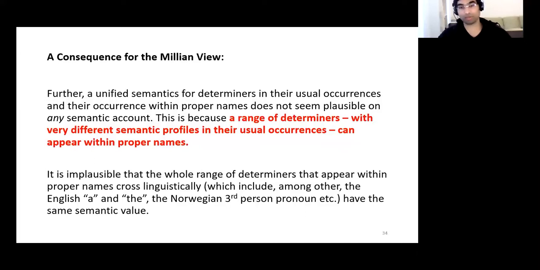To say that there can be a unified semantics of determiners in their usual occurrences and in their occurrences within proper names is to say that the definite article in English and the indefinite article in English have the same semantics. And this, whatever this common semantics is, should also be the semantic value of, let's say, the Norwegian third person pronoun, which is quite implausible.